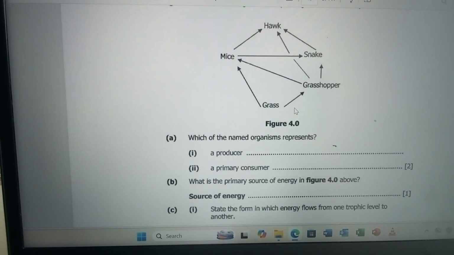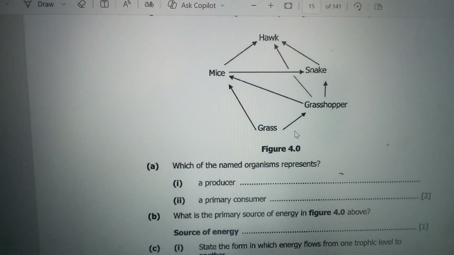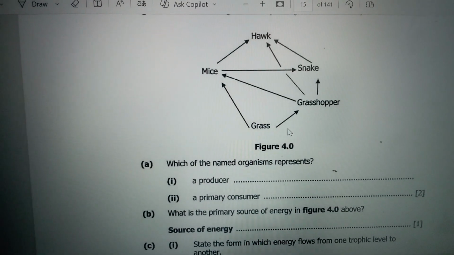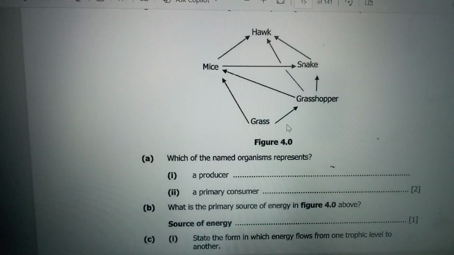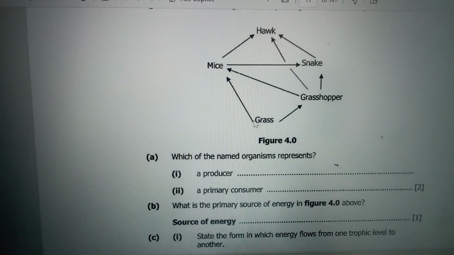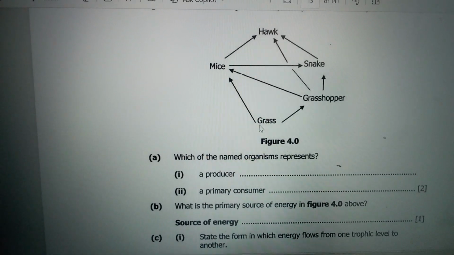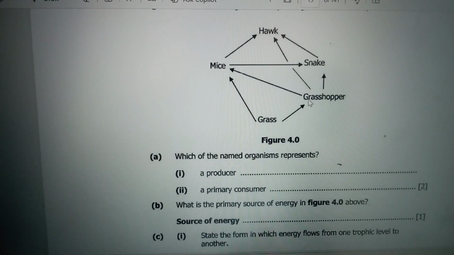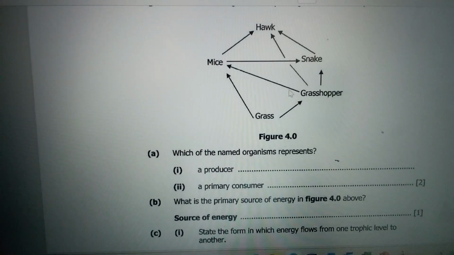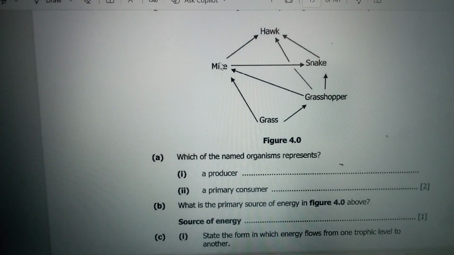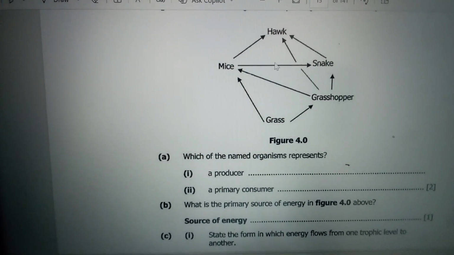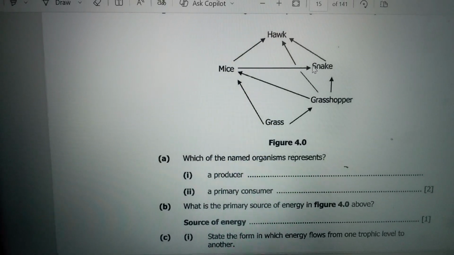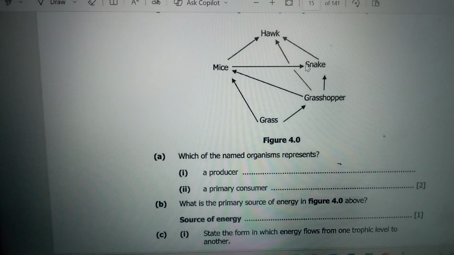Two organisms that are both secondary and tertiary. So you start from here. This is the producer, that one is the primary consumer, secondary consumer, and then when you go that side, that one is the tertiary consumer.